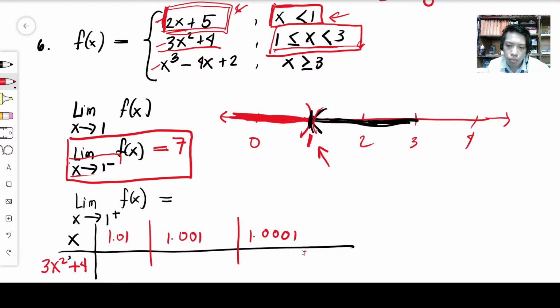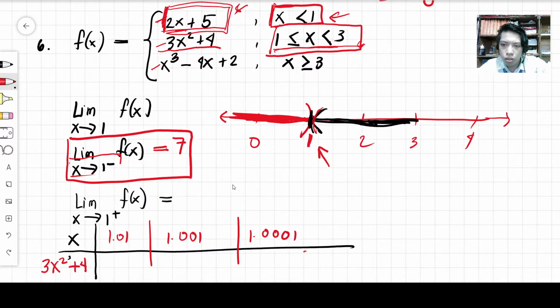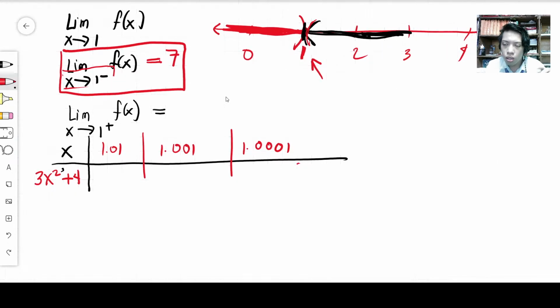3x squared plus 4. Now, when we try to solve this, when x is equal to 1.01, the value is 7.06.